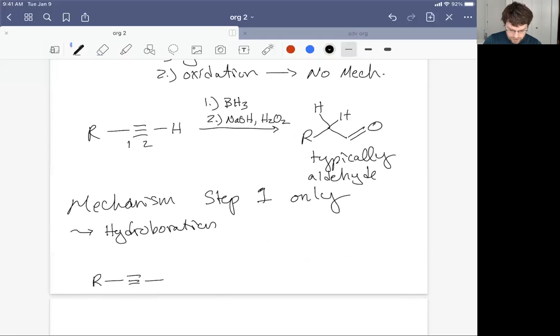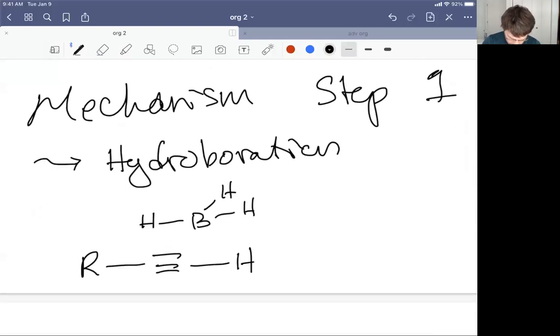And again, not a hard mechanism in terms of the number of curly arrows. So what we're going to do is take H and B of BH3, and I'll add the other two H's right here. And we're going to zoom in on this. We're going to take the hydrogen boron bond down to form a bond between the more substituted position of our alkyne and the hydrogen atom of our BH3. And then one of the weakest pi bond is going to be added to the boron atom.